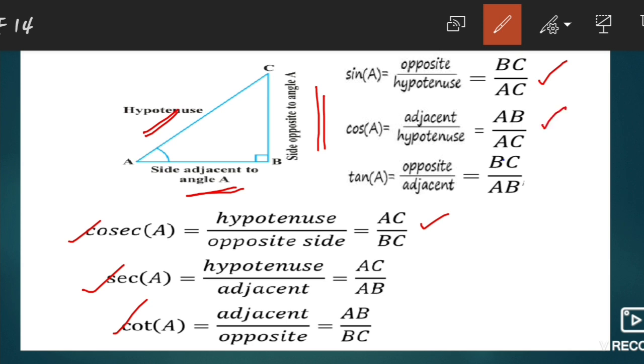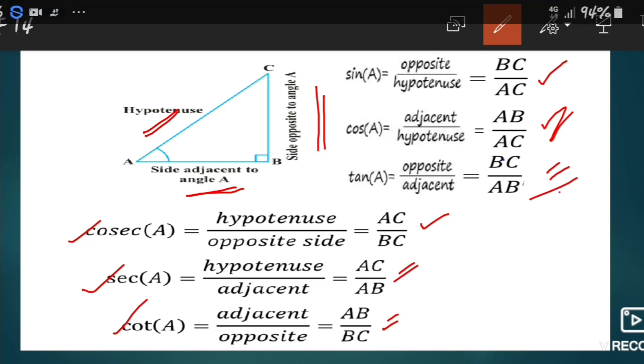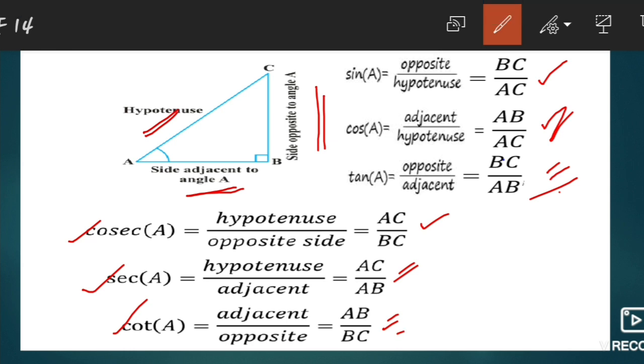Similarly, this one and this one are reciprocal to each other, and this one and this one are reciprocal to each other. So you can say that cosec A is the reciprocal of sin A, sec A is the reciprocal of cos A, cot A is the reciprocal of tan A, or you can write cosec A is equal to 1 by sin A.